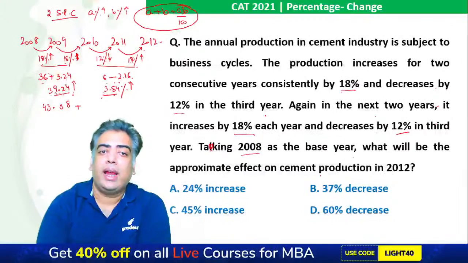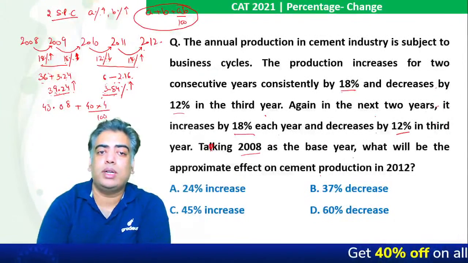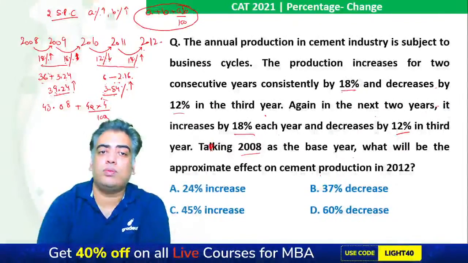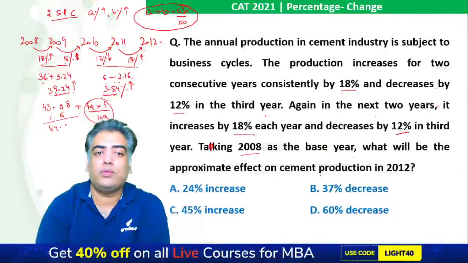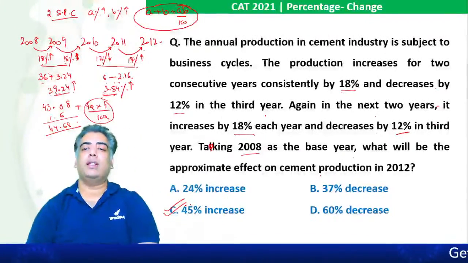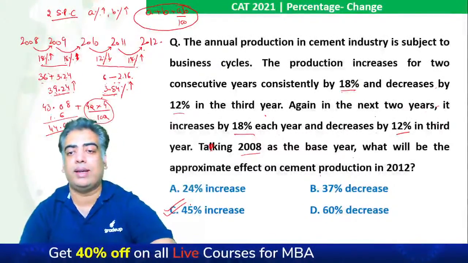So can I say it is approximately 40 and this is approximately 4 upon 100, which comes out to be 16 upon 10, which is around 1.6. So if we add 1.6 to this, my answer comes out to be around 44.68%. So the closest value will be C, which gives me an increase of approximately 45% on the given value.